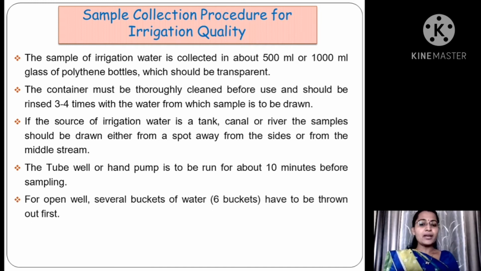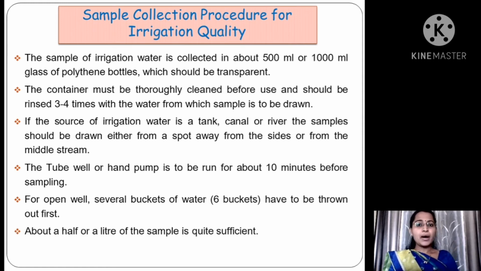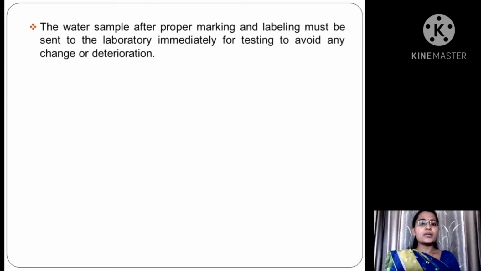For open well, several buckets of water, minimum 6 buckets, have to be thrown out first and then collect the sample. About half a liter of sample is sufficient for the analysis. Now, the water sample after proper marking and labeling must be sent to the laboratory immediately for testing to avoid any change or deterioration.